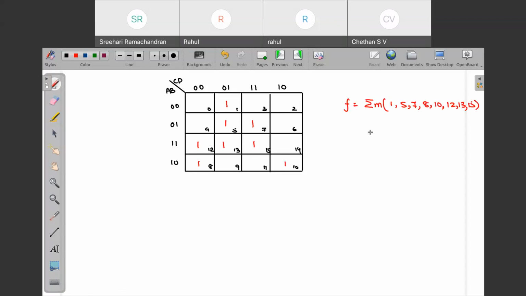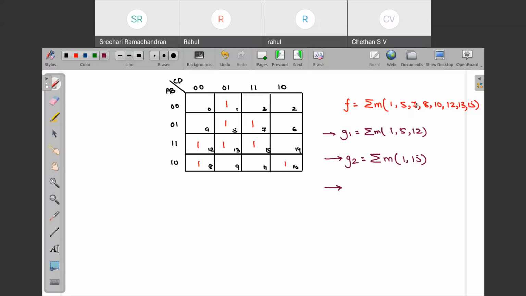Now let me assume there is one more function which is defined like this. This is one of the implicants of the function f. Let me assume one more function. So this is one more implicant. So the subfunctions of a function are known as your implicants.